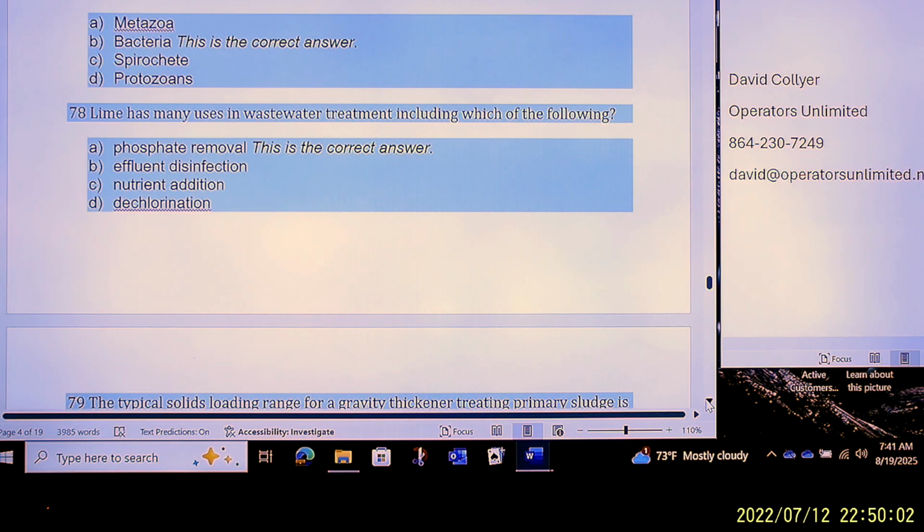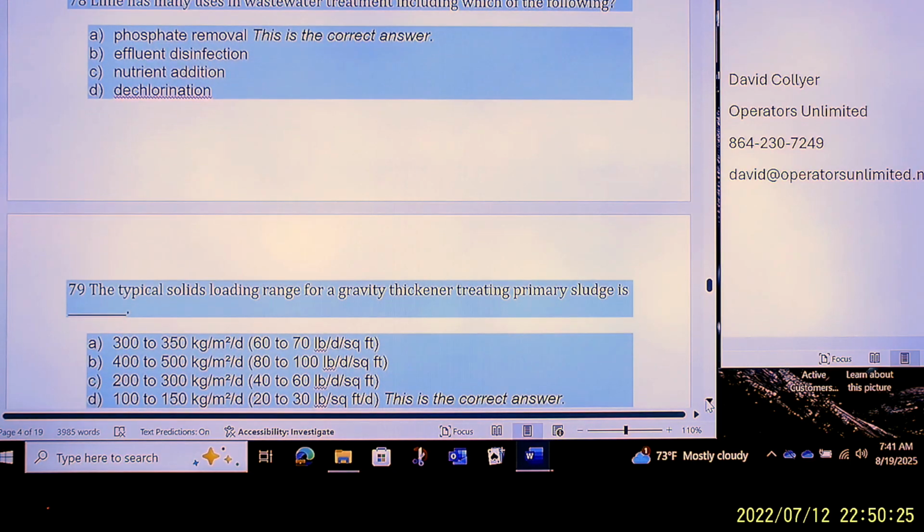77. The most important microorganisms in the activated sludge process are A, metazoa, B, bacteria, C, spirochetes, or D, protozoans. The answer to 77 is B, bacteria. 78.